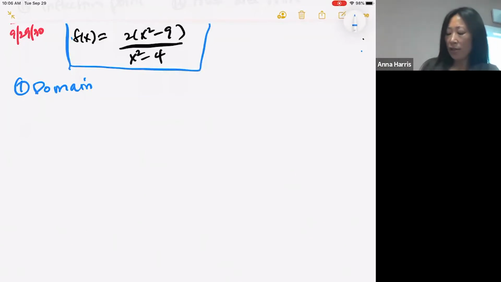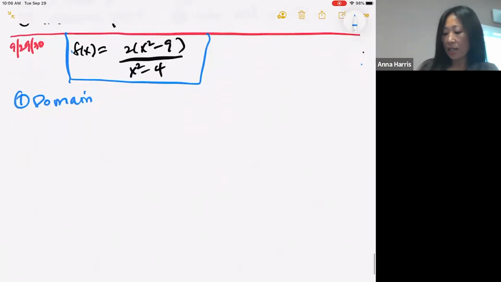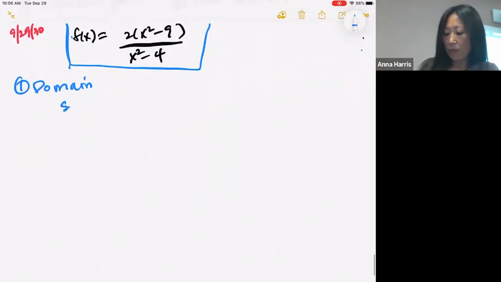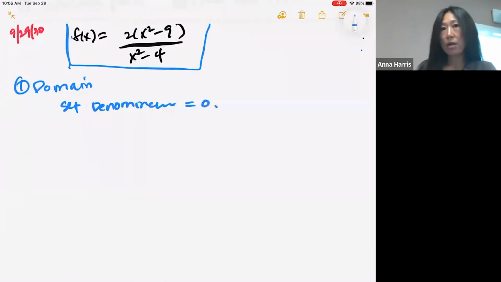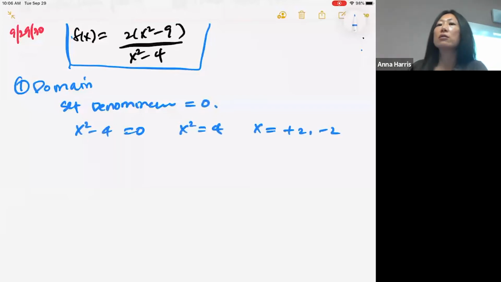So the first thing I need to do is set the denominator equal to 0. So x squared minus 4 equal to 0, then x squared equal to 4, x is equal to plus 2 and minus 2. So in other words, I cannot use these two x's.